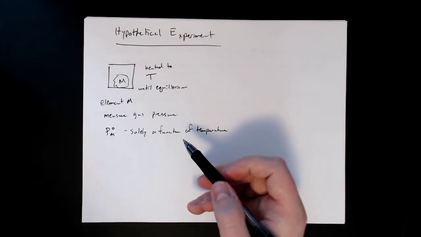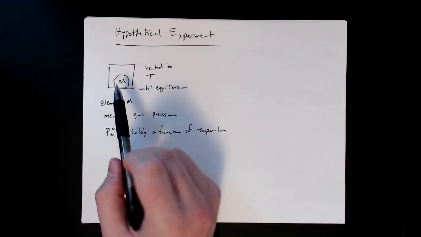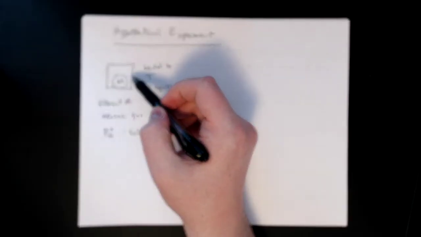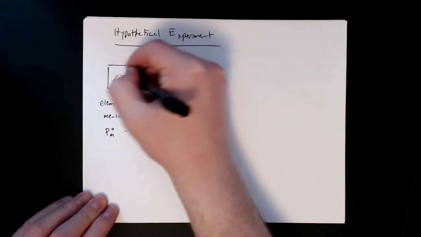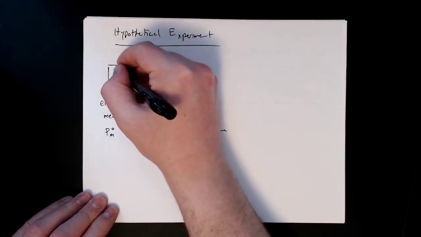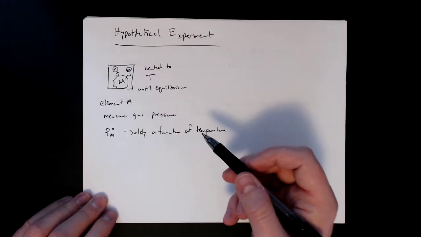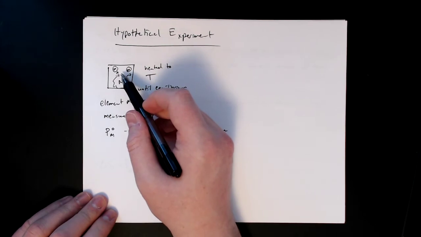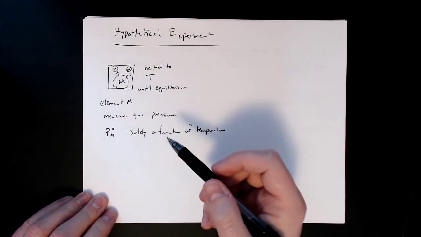right? If something is at low temperature, we would expect that there's not a lot of gas molecules because there hasn't been enough energy to cause them to come off from the solid. But as we heat it up and up, we would expect more fraction of that material becomes in the vapor phase, and therefore the pressure in this container would increase.